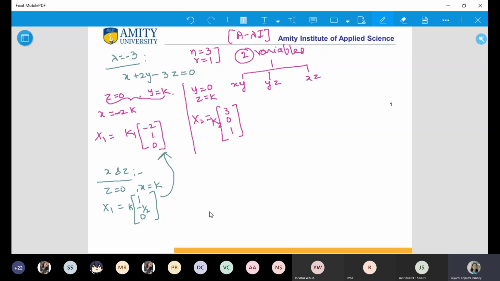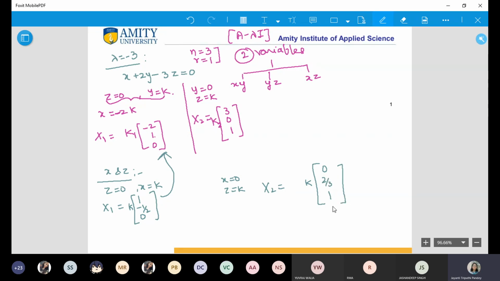Are you getting it? Now, if I take x as 0 and z as k, then what will be the answer? Just check. x2 will be, x is 0, z is k. What will be y? Y will be 2 by 3.